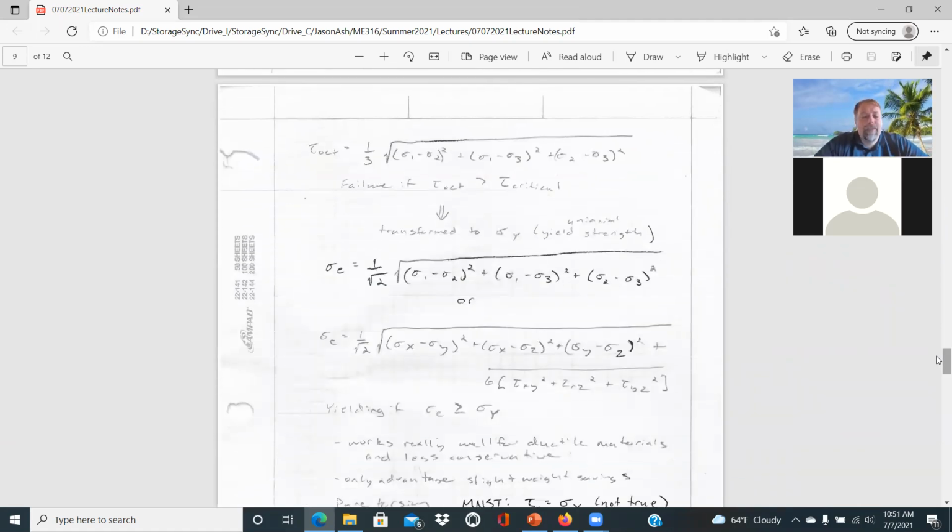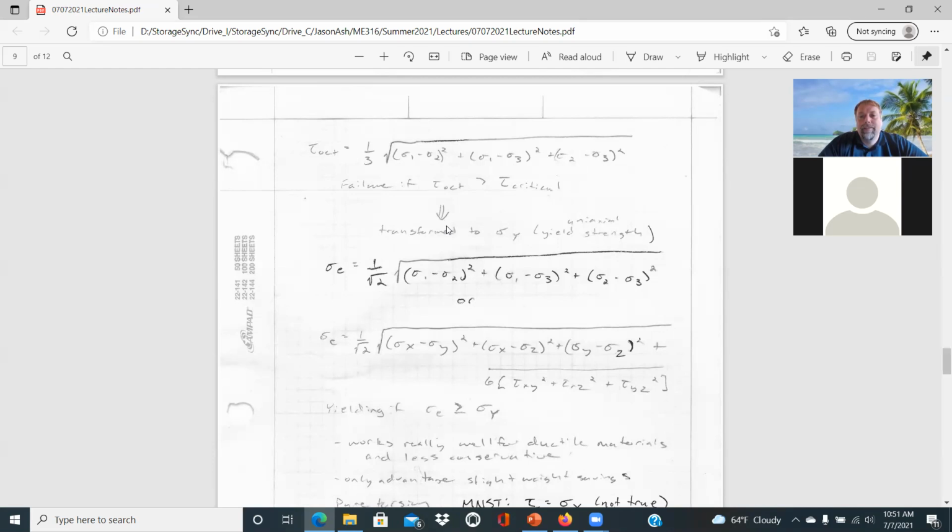And so, solving for that octahedral shear stress, you could calculate octahedral shear stress if you want based on that 54.7 degree plane. And you're really just concerned with whether that octahedral shear stress is greater than the critical. Is that going to cause it to fail?